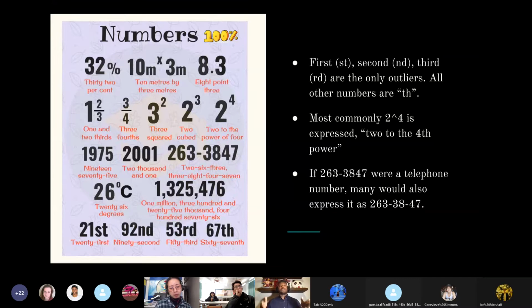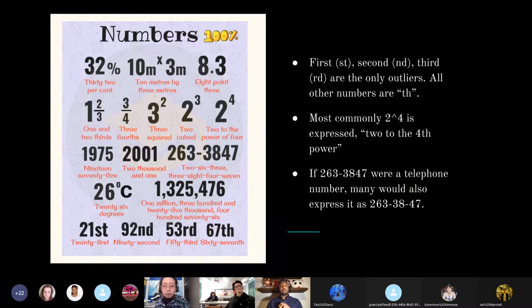In English expressions, whenever there is an X between two numbers in an expression like that, especially elevated, that means by. So if you were speaking of, let's say, the dimensions of a room, and you wanted to say the room was 10 meters by 3 meters, this is how you could express it in mathematics, and how you would say that in English.